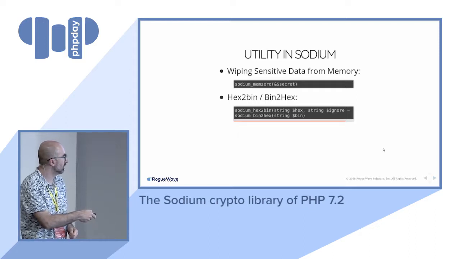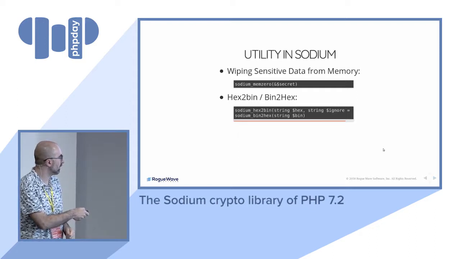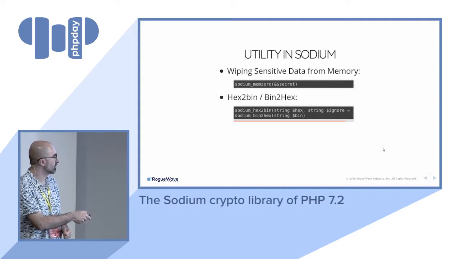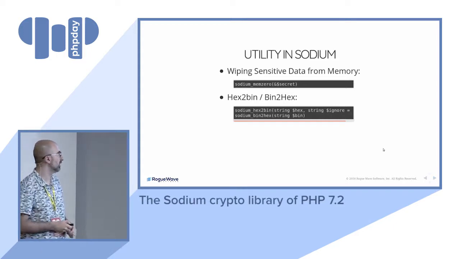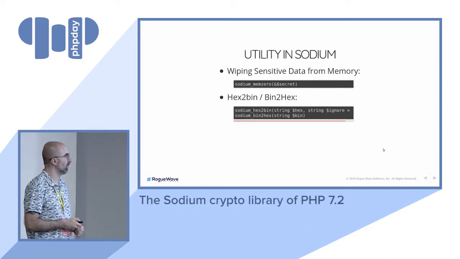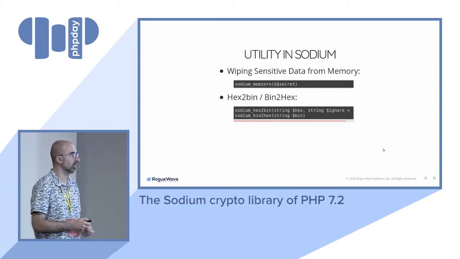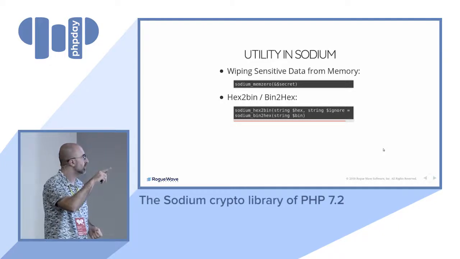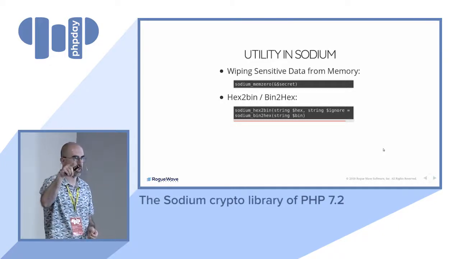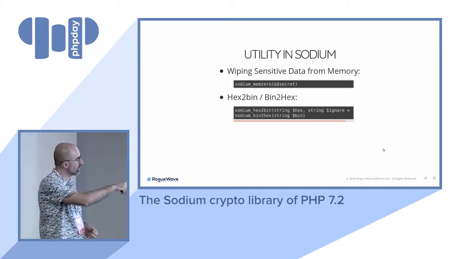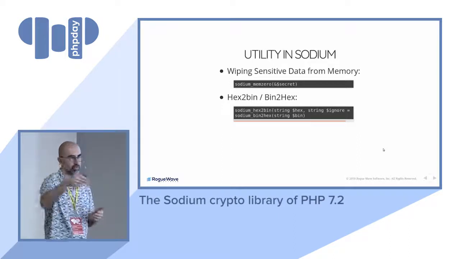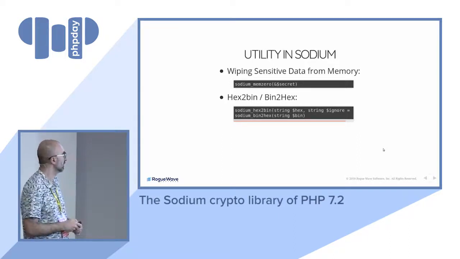There is also this optional parameter when you want to convert a hexadecimal value to binary. For instance, imagine that you want to convert, I don't know, an IP address, whatever, with the points or with special characters. You can just specify here the characters that you want to skip from the conversion, basically. Nothing special.